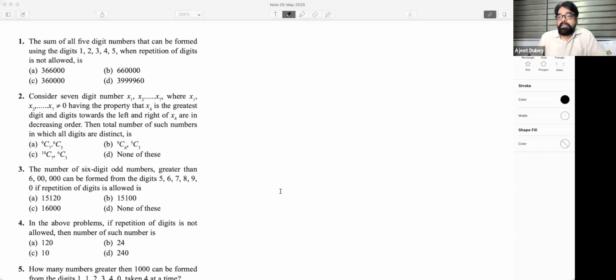Question one, A, B, C, D. Give me the answer in terms of A, B, C, D.